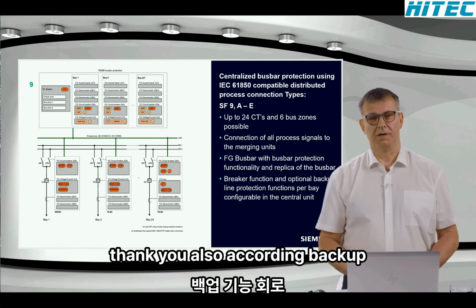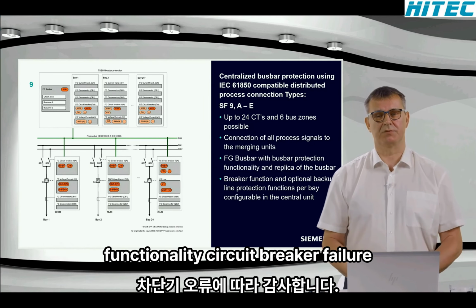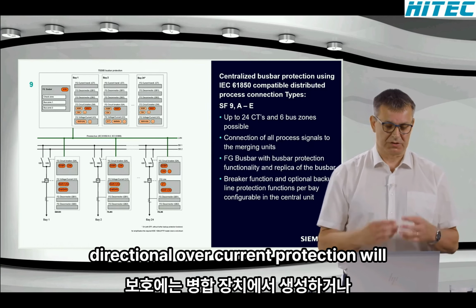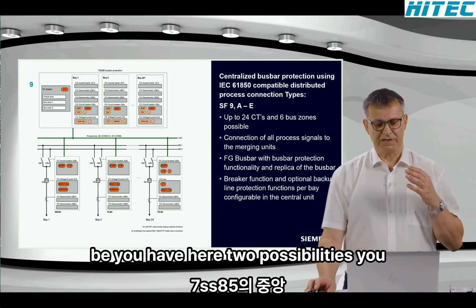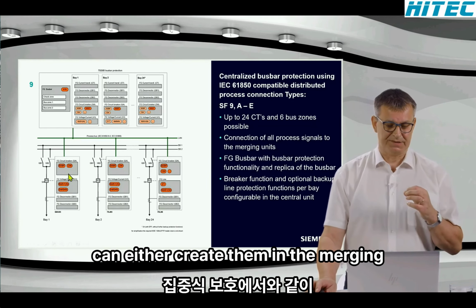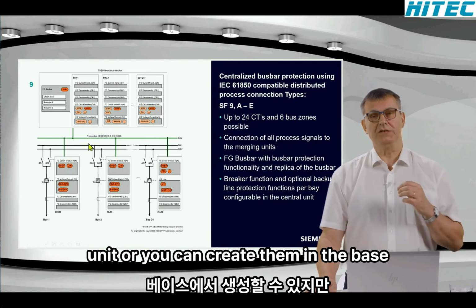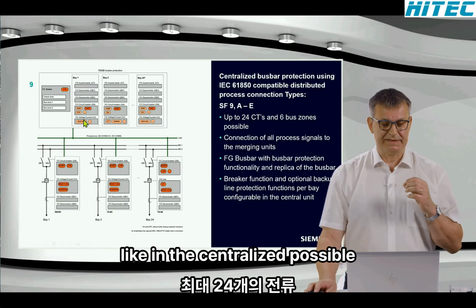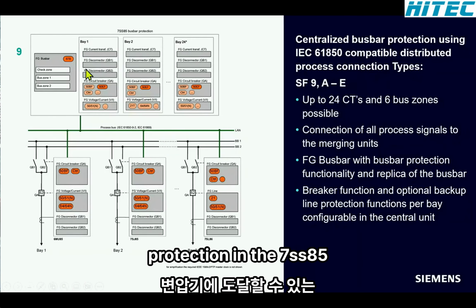Also, for backup functionality like circuit breaker failure protection, overcurrent protection and directional overcurrent protection, you have two possibilities. You can either create them in the merging unit, or you can create them in the base, like in the centralized busbar protection, in the 7SS85.